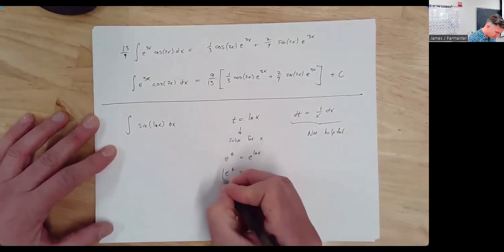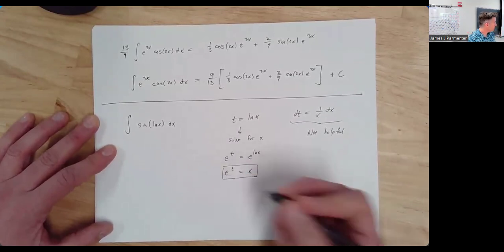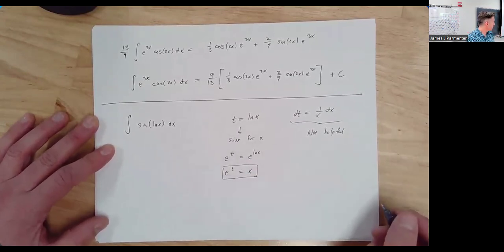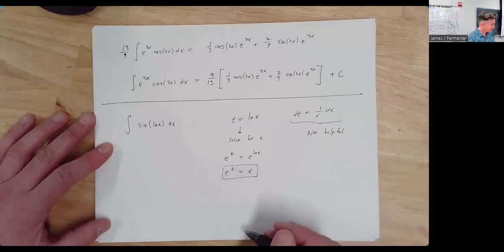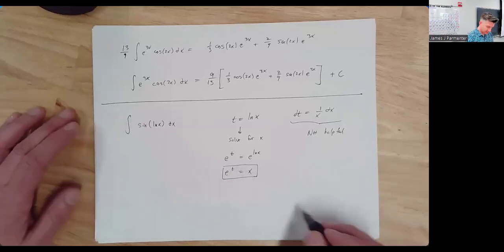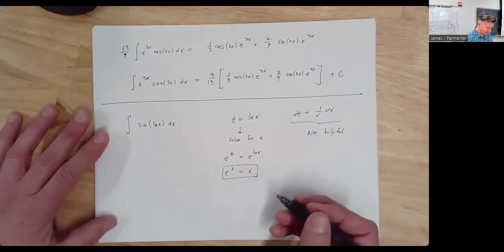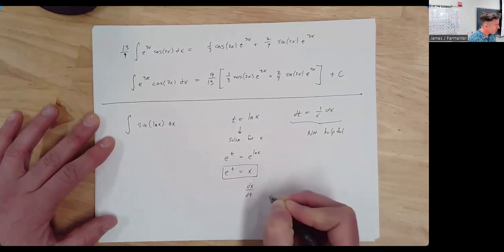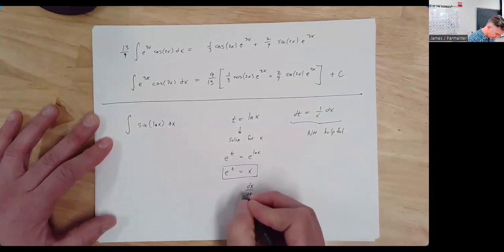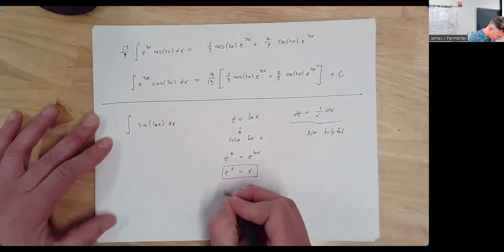And then what I'm going to do with that is I'm going to differentiate both sides so that I can get what dx is equal to. So what's the derivative of e to the t? And the derivative of x is 1. But really what I'm going to write is that dx/dt, the derivative of x with respect to t, is equal to the derivative of e to the t, which is e to the t.